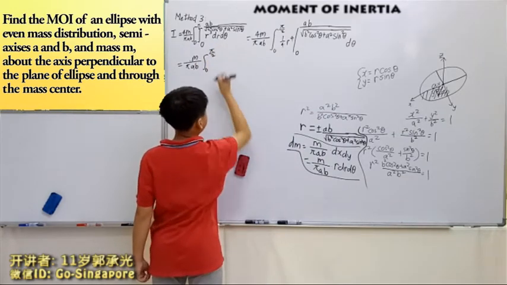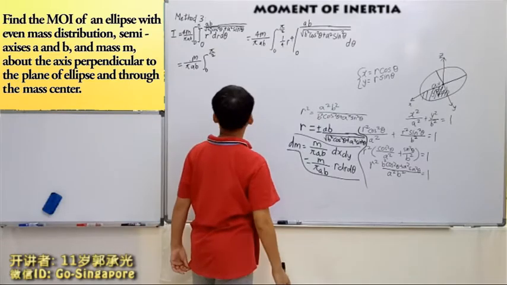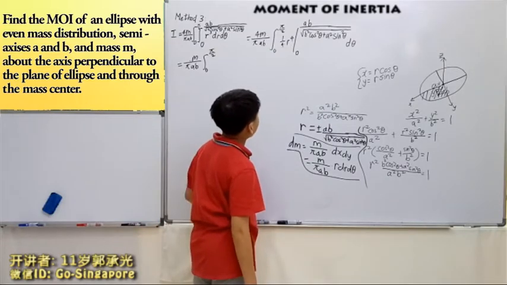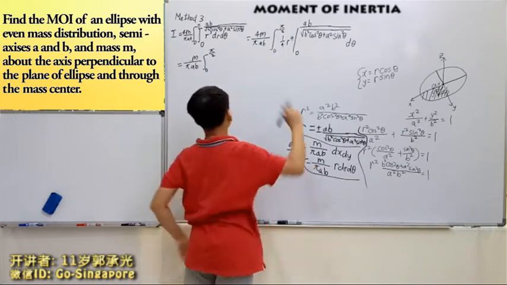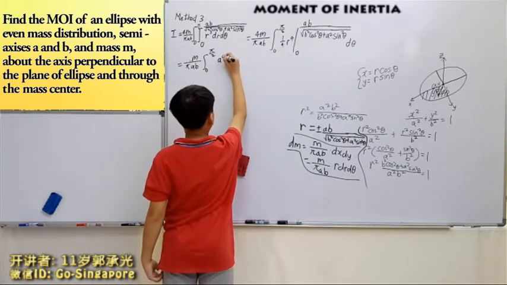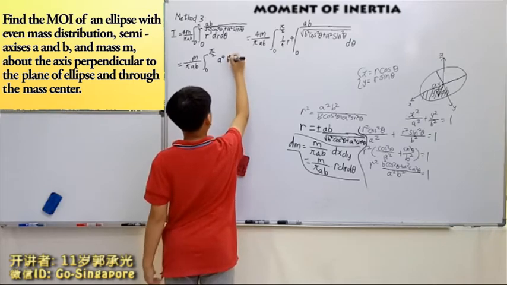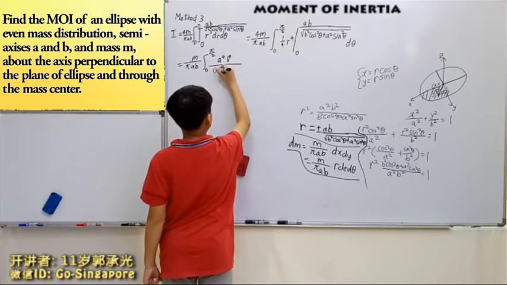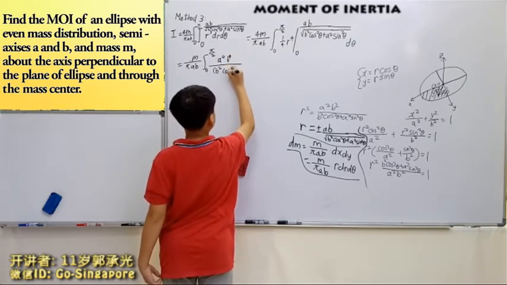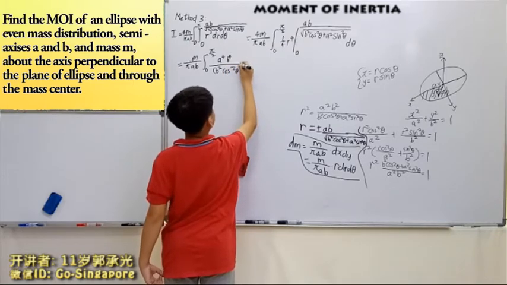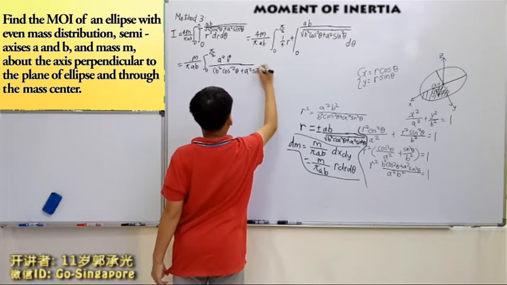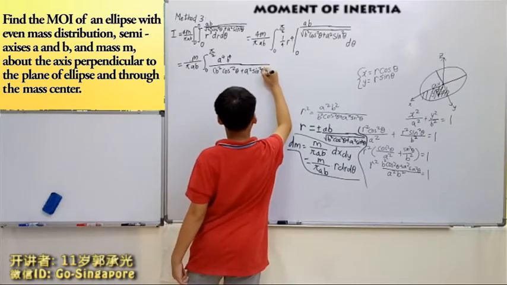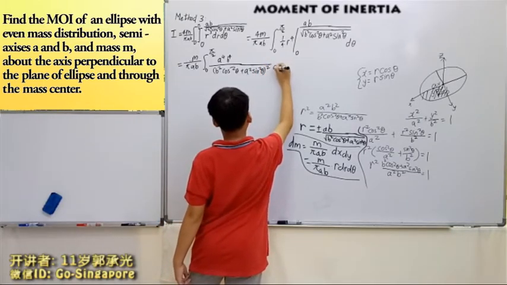0 to half pi. After that, r to the power 4. Okay, 0, we don't need to care about that. This part, we need a to the power of 4, b to the power of 4 over this b square cosine square theta plus a square sine square theta, then squared again.